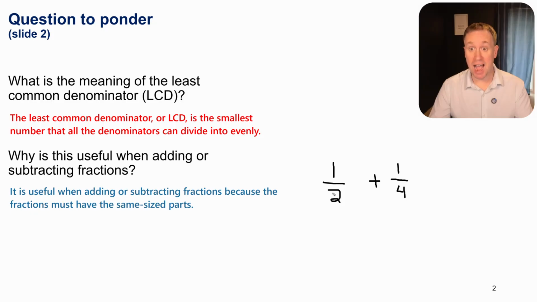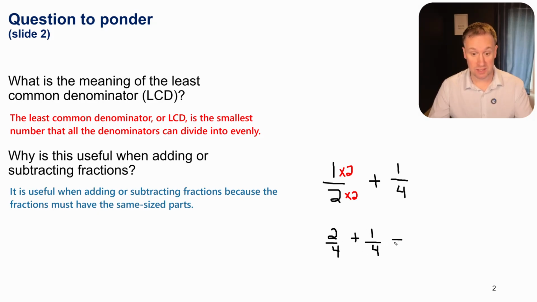I can change the 1/2 by multiplying by a factor of 2 on both the top and the bottom parts of my fraction. This allows me to change this fraction to 2/4, which is the equivalent form of that fraction. And I can now add that. These are now common parts.